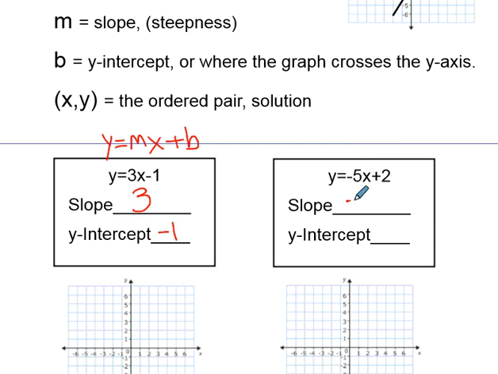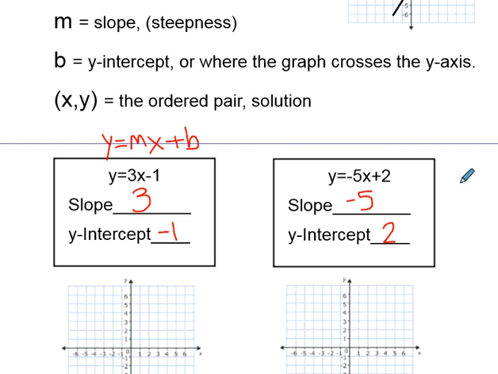I'm going to give you a minute to think about this example, what the slope and the y-intercept might be. So the slope for this one would be -5. That's the coefficient of x.